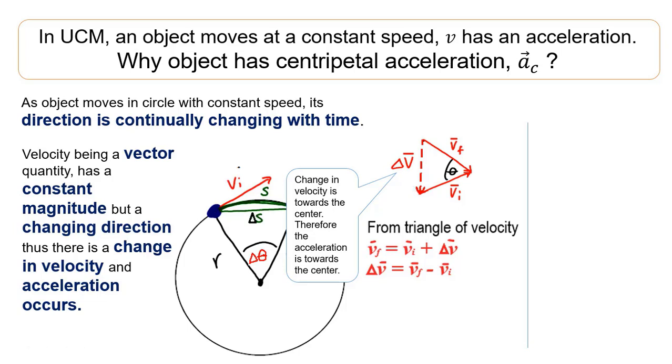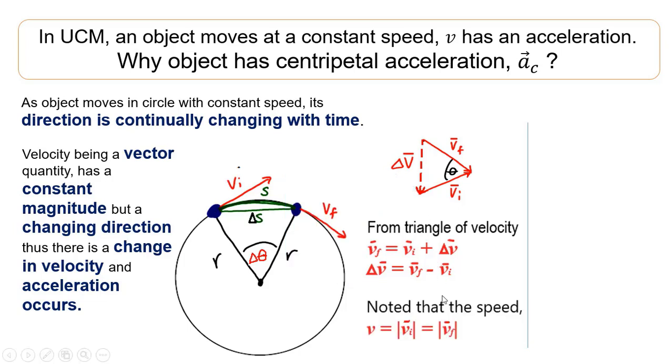Note that the speed v is equal to the magnitude of the initial velocity and also equal to the magnitude of the final velocity.